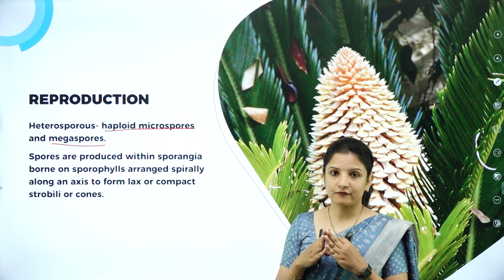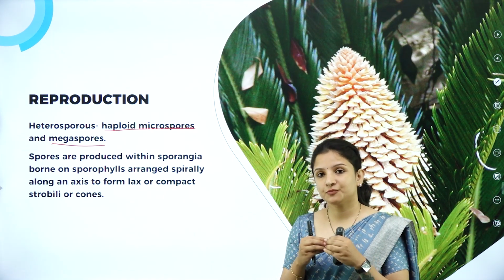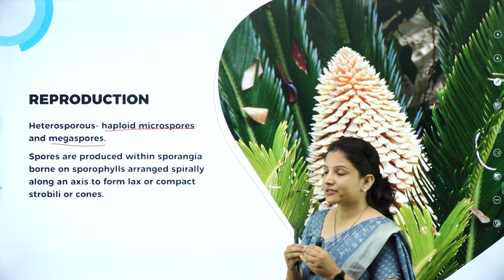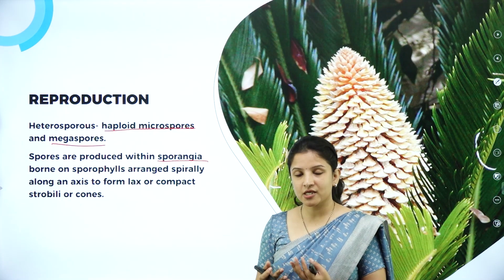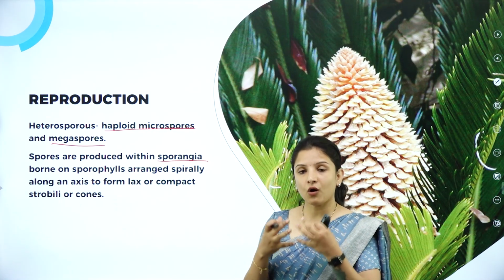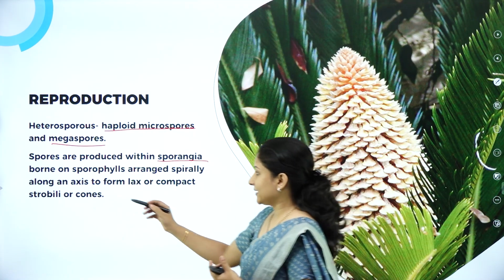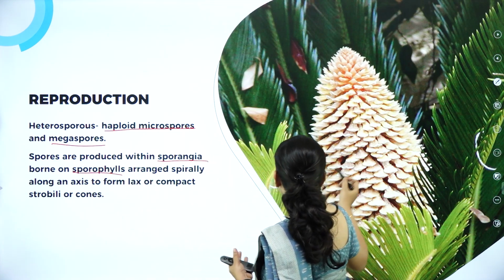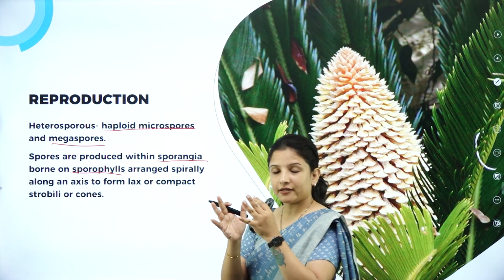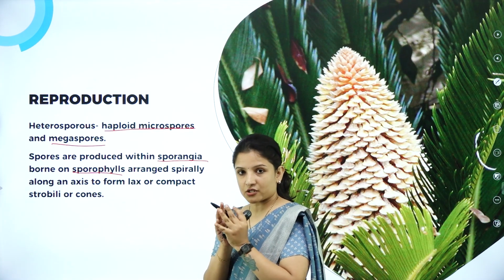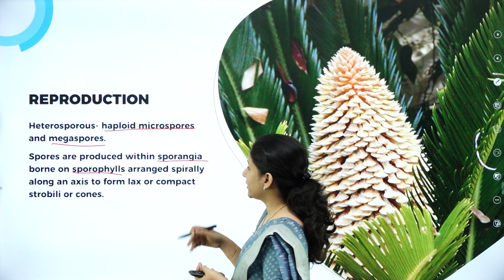And the spores, where are they produced? It is just like pteridophytes. The spores are produced in special structures called sporangia. Sporangia is where all the sporophylls, the leaf-like structures, come together and form a compact, cone-like structure called the sporangia.